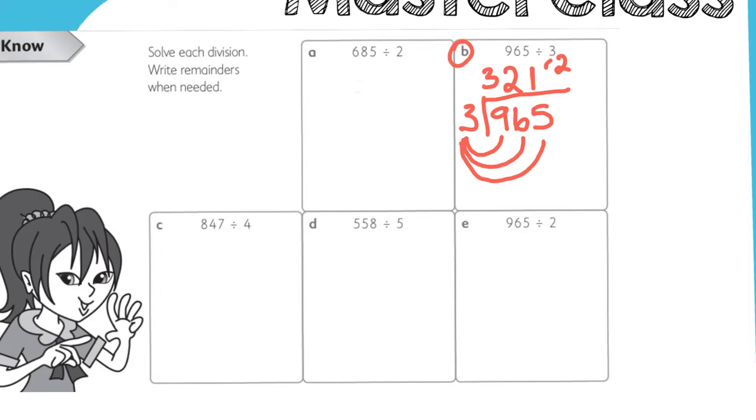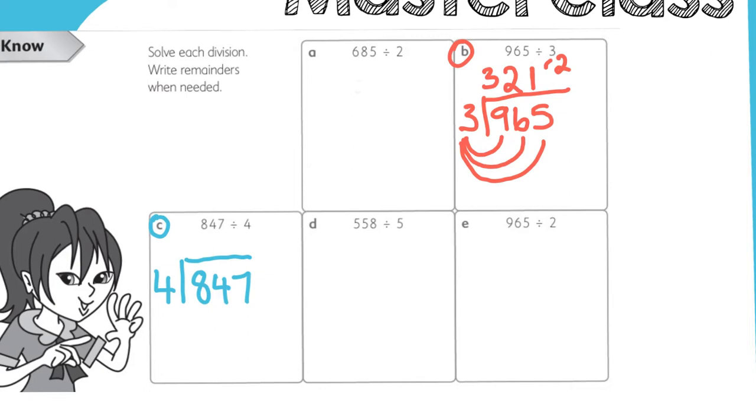This is a little bit more tricky now. And this is the one down the bottom with our 4 times tables. So again, we're looking at this one. And I'm going to look at 4 divided by 847. Now, let's just imagine that I'm not very good with my 4 times tables.